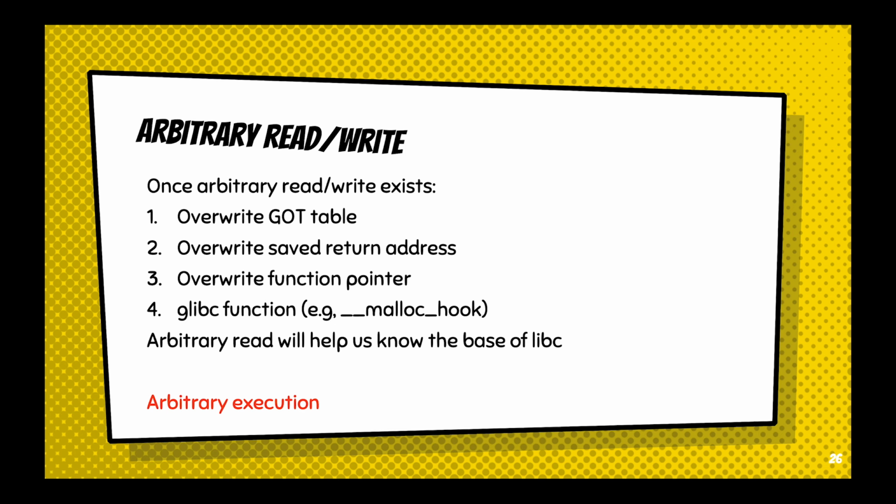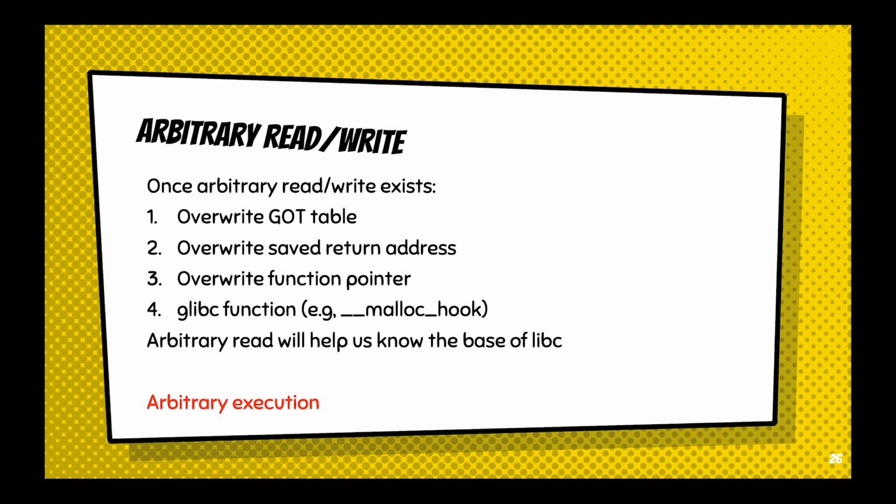For example, if we have arbitrary read and then use that to find a function pointer, or say, content from the global offset table, we can use that arbitrary read to find the actual address of a libc function. And starting from the libc function, if we know the version of libc, we'll be able to get the base of libc. And also, we can get the location of the other libc functions. Starting from there, we can also use a ROP chain to take over the entire execution.